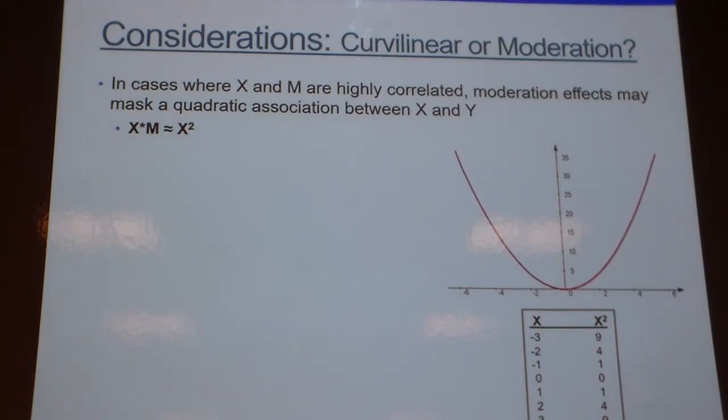And if I go through and plot this out, this is kind of what it looks like. So 3 squared, 2 squared, 1 squared, right? But if the value of my moderator is correlated like 0.9 with my x value, this might be what's actually going on in the data, but if the product of this is about the same thing as that, it can mask what's really going on in my data, right?